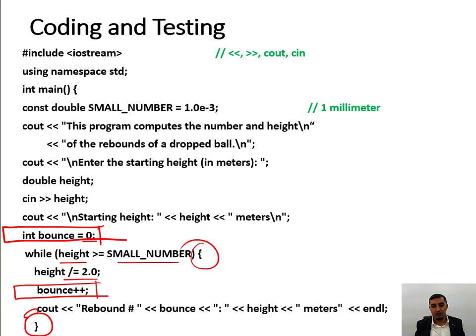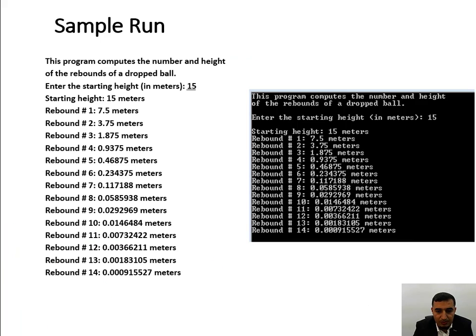Now, any program written in while can be done in for, and vice versa. But sometimes it's good to use the while statement because it's easier to read. However, you can change between them as you want.